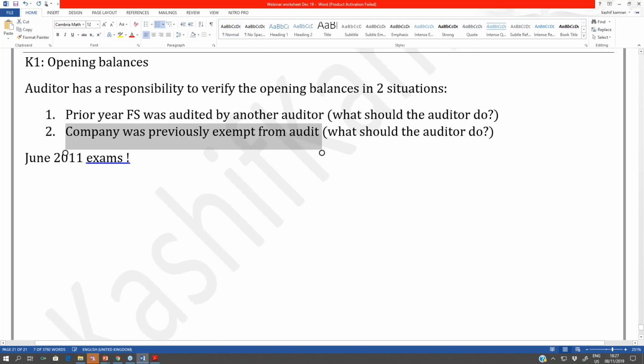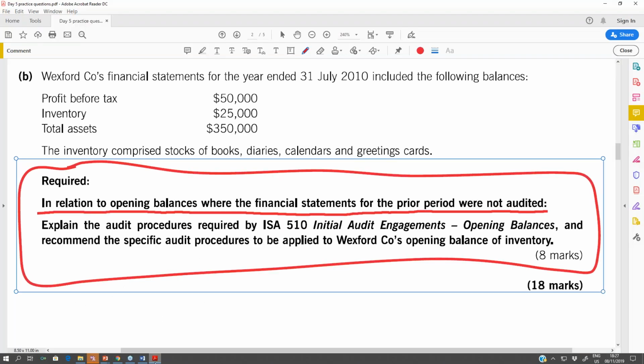So this has been examined in the June 2011 exams. In relation to the opening balances where the financial statements for the prior period were not audited, explain the audit procedures required by ISA 510 Initial Audit Engagements, Opening Balances, and recommend the specific procedures to be applied on the opening balances of inventory.